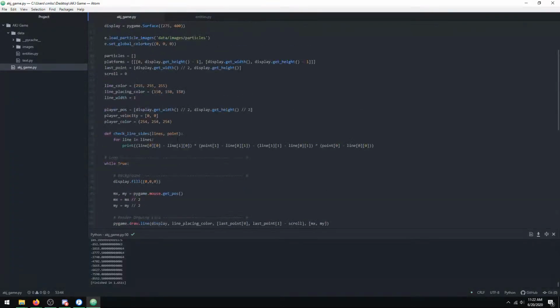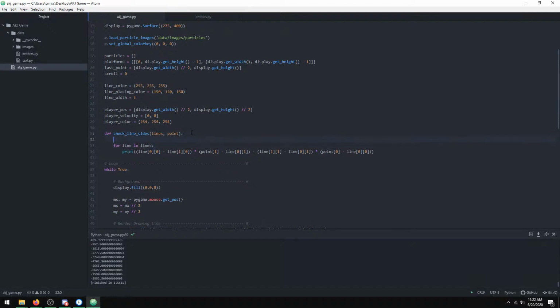So I'm going to return the status of all lines. So line status equals a list, and then status equals that. Or I'm going to do line status dot append those variables. Line status dot append. Return line status.